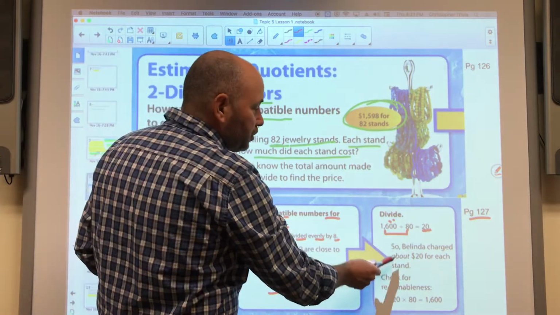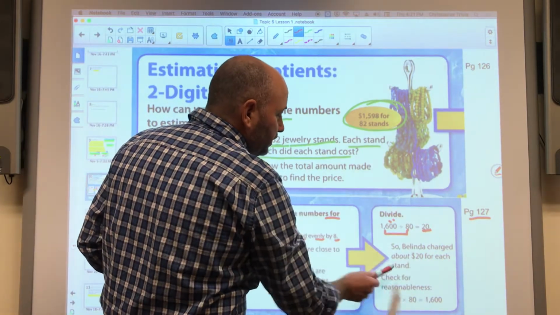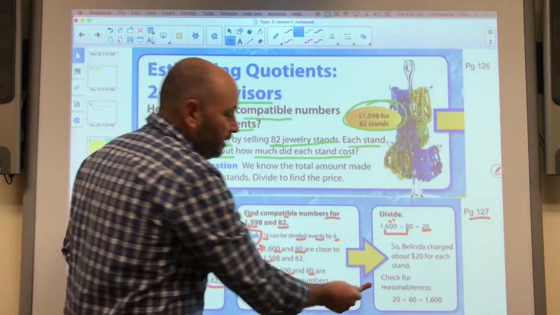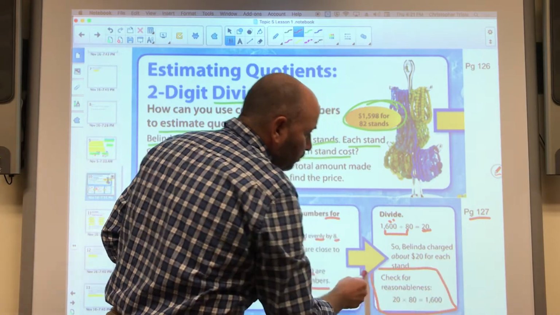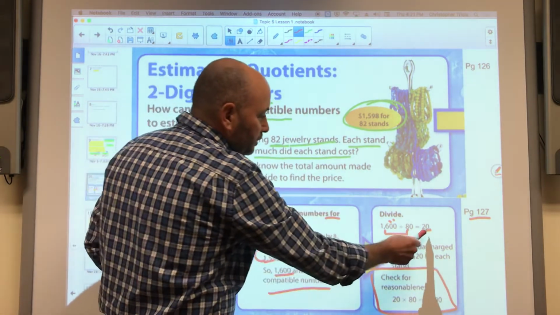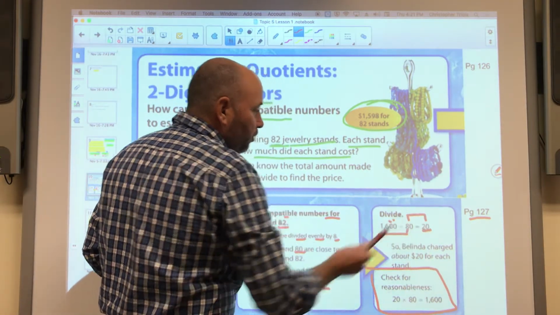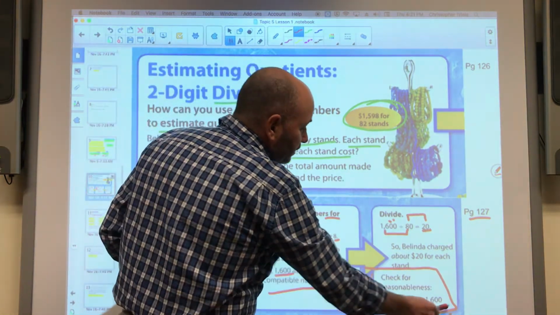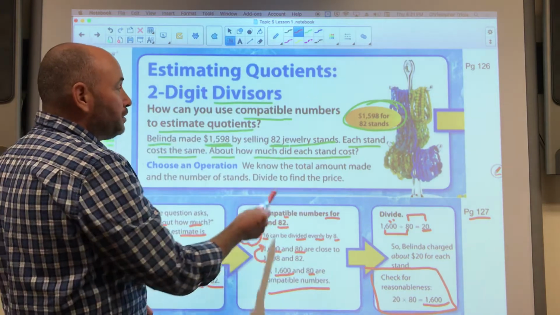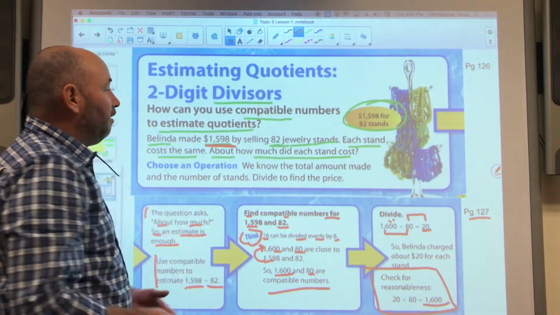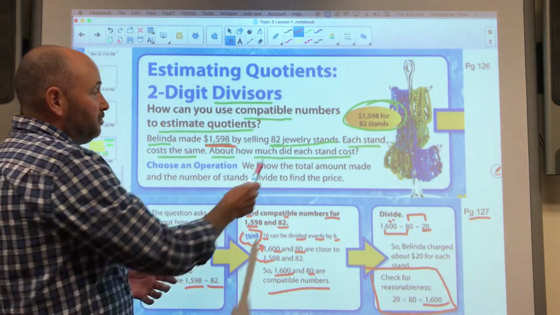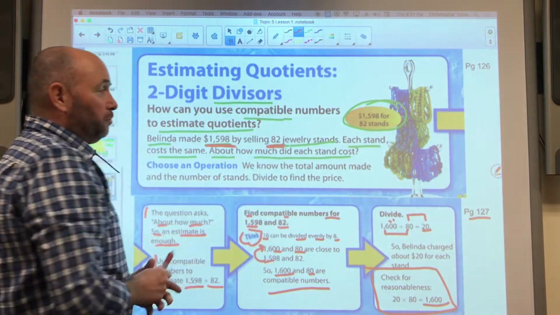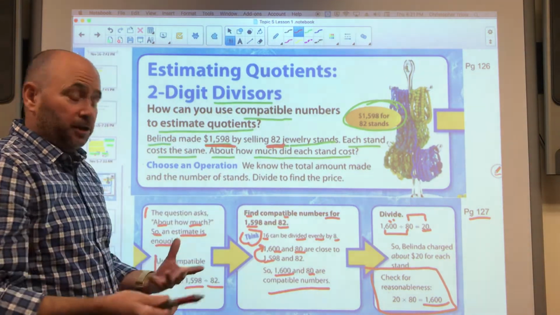So Belinda charged about $20 for each stand. Then, of course, it says check for reasonableness, and then you would just simply multiply 20 times 80, and you'd get approximately 1,600, which puts you in the ballpark of how much she actually made. So you can say that each jewelry stand cost about $20.